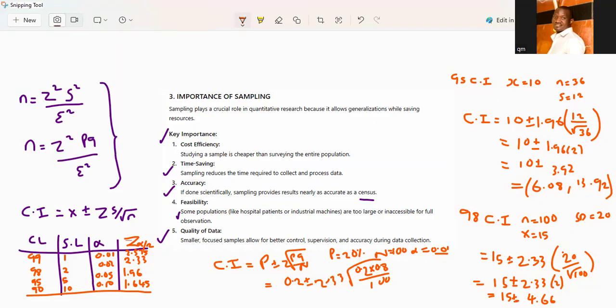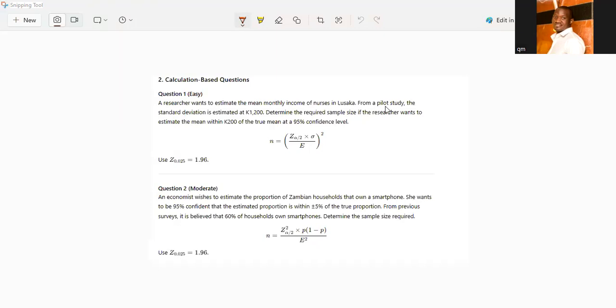Find the sample size of a proportion and of a normal sample. Here a researcher wants to estimate the mean income of nurses in Osaka. From a pilot study, the standard deviation is 1,200. Determine the sample size if the researcher wants to be within 200 at 95%. At 95%, our Z is 1.96. So we're going to use this formula.